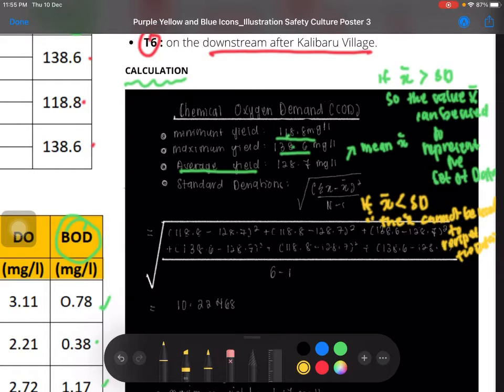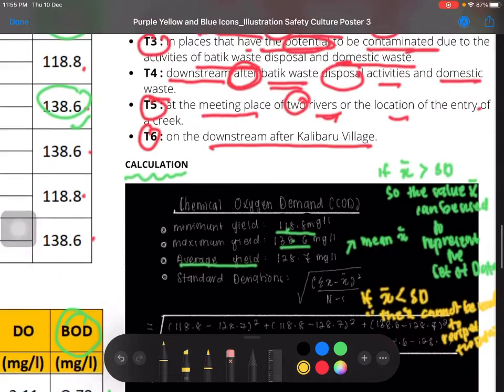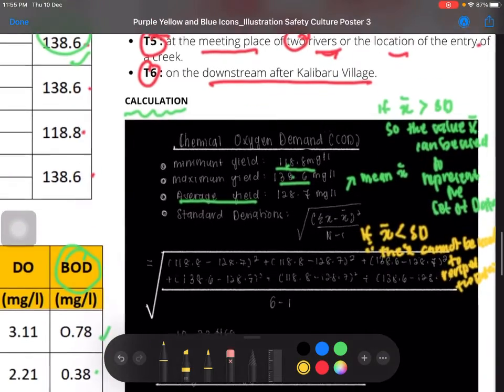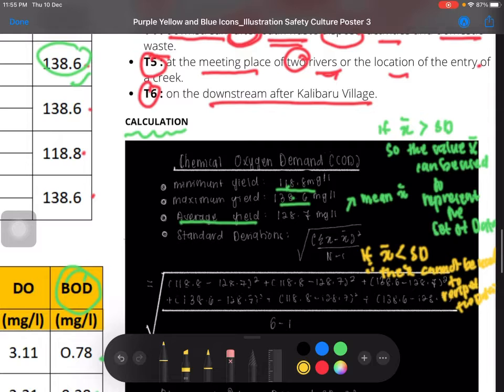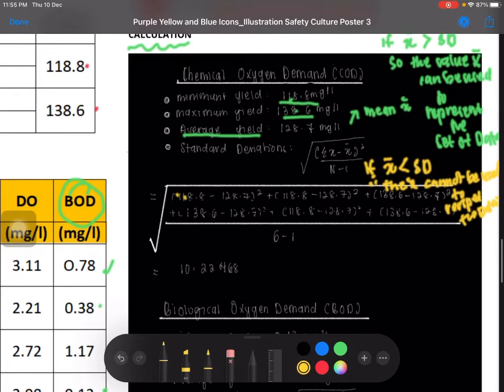So from the data, we just use the formula: standard deviation is the square root of the sum of x minus x bar squared, over n minus 1. So as you can see here, 118.8 minus 128.7, which is the average yield, squared, and you total everything and divide by 6 minus 1, and you get 10.22468.